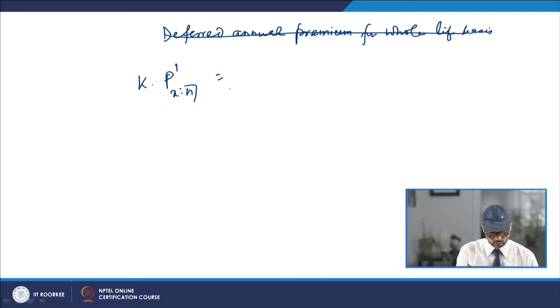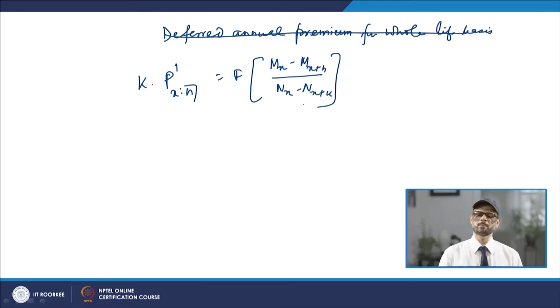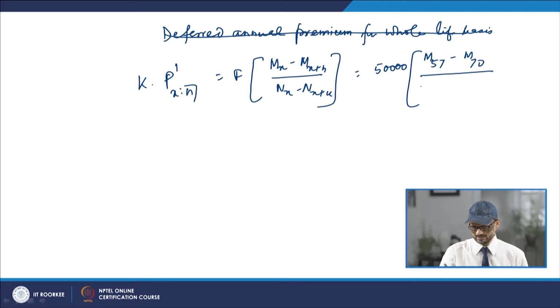That will be equal to f into mx minus mx plus n divided by nx minus nx plus k. So n is 15 and k is 10. You are going to calculate this with 50,000, and then you will have m57 and m72 divided by n57 minus n57 plus 10, so it will be n67.